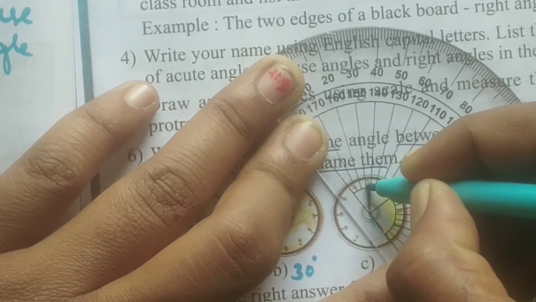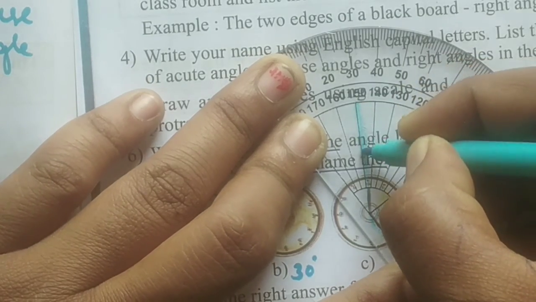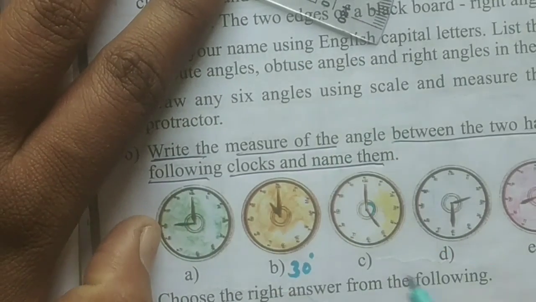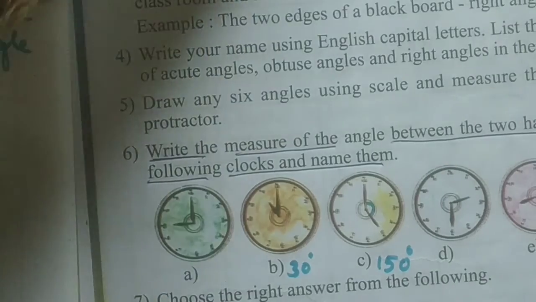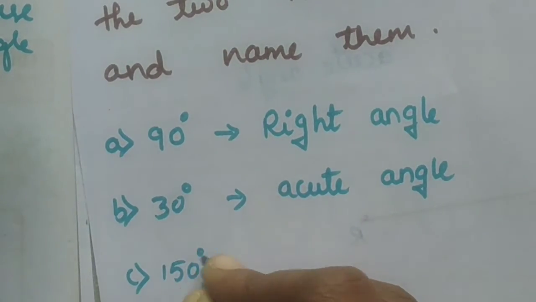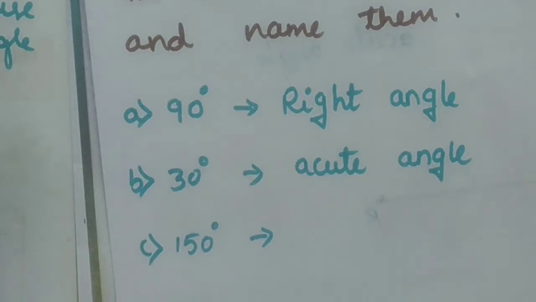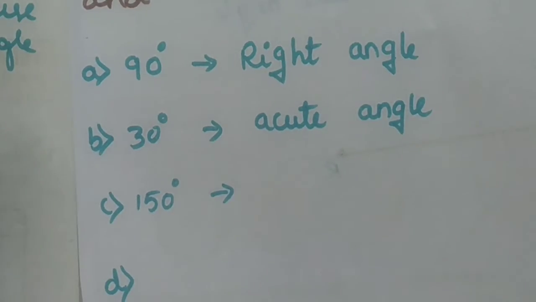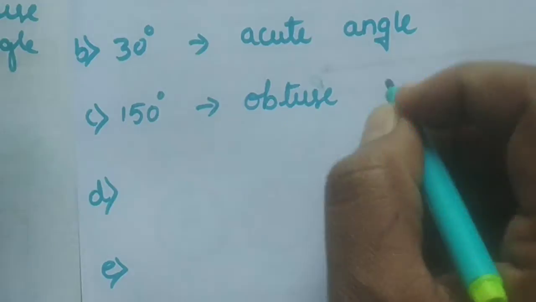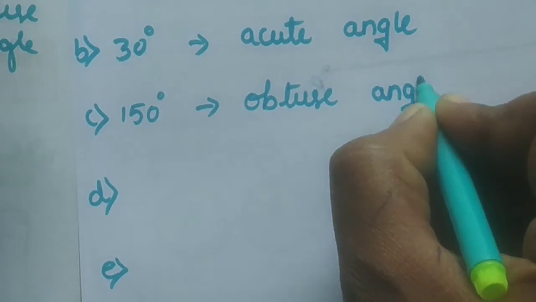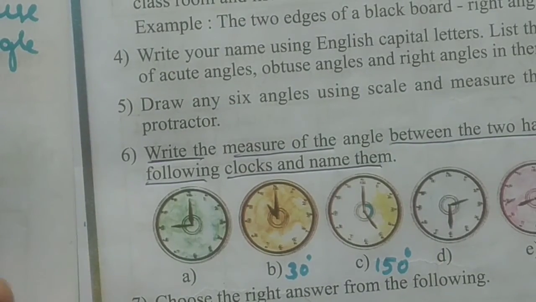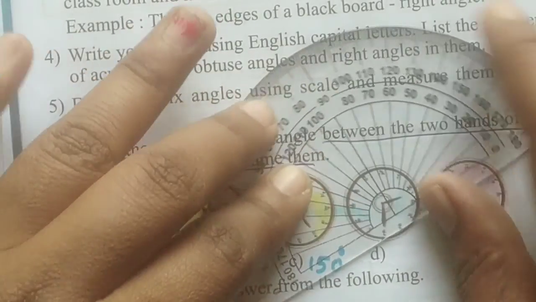So this is exactly on the line 150. Okay, so 150, the angle is 150 degree. The C clock shows 150 degree. So 150 degree belongs to an obtuse angle. Obtuse angle. And the figure D clock shows how many?